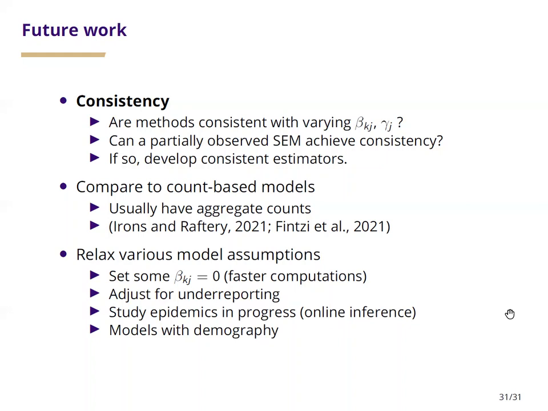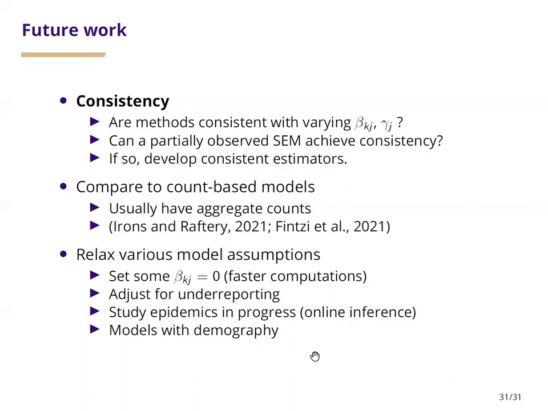Now here, a deep problem that I've identified is that the partial SEM methods seem to calibrate their basic reproduction number values from the infected proportion. Now, in online inference, since the epidemic isn't over, we don't actually know the epidemic size yet. So it's going to be quite challenging here to develop these methods for epidemics in progress.